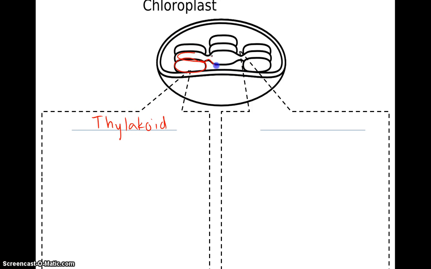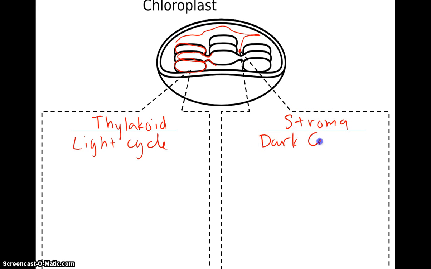All these little stacks here are membranes where the light cycle is going to happen. So the light cycle happens in the region of the chloroplast called the thylakoid. There's also this empty space all around the thylakoid that's pointed to by this arrow, and that's called the stroma.